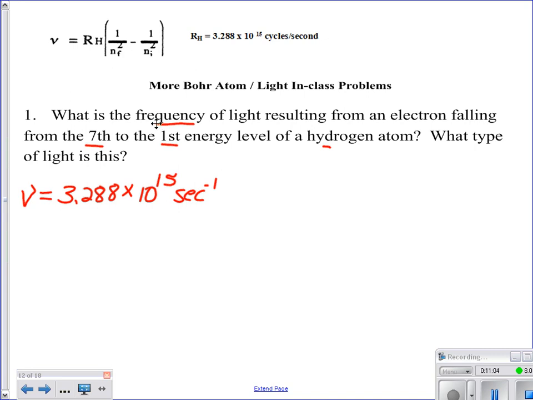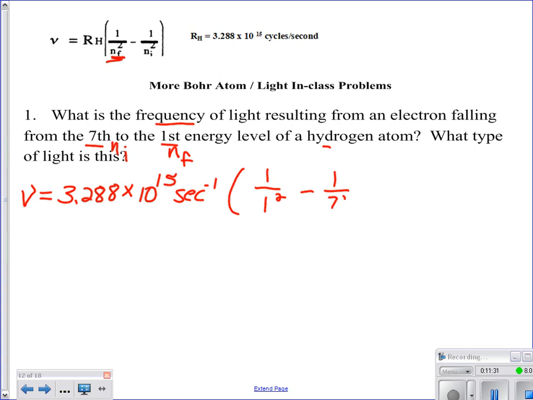So we're going to take that and we're going to multiply that times 1 over our final energy level squared. So that minus 1 over our initial energy level squared. And I should have let you guys kind of guess that, but hopefully you can see that this is our final. It fell from the 7th, which is our initial, to the 1st.